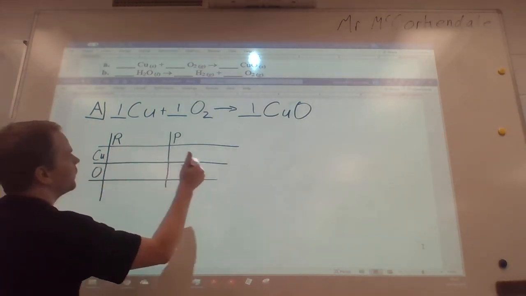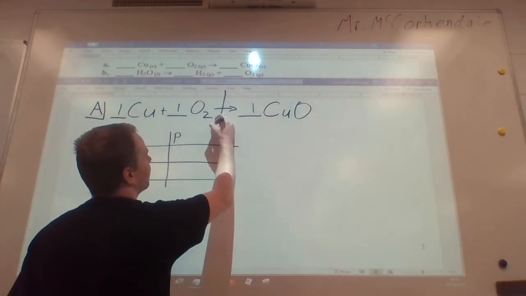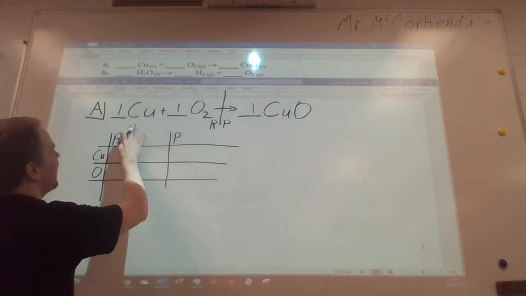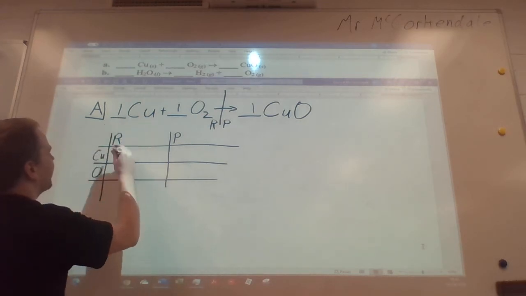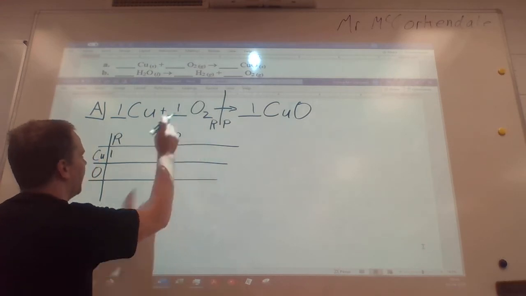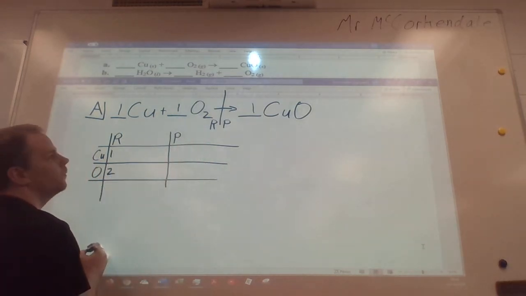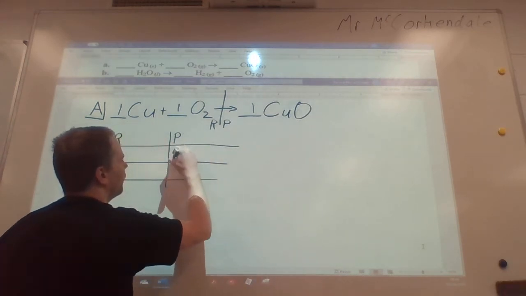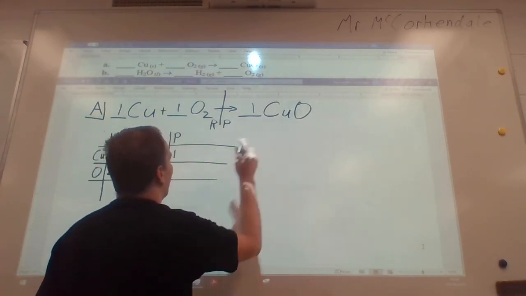And then we're going to make a note of how many of each of these are in here. So for the reactant side, remember the arrow separates the reactants from the products. On the reactant side, we have 1 copper, and we have 1 times 2 oxygens, so we have 2. On the product side, we have 1 copper and 1 oxygen.